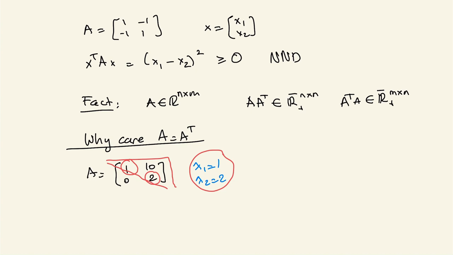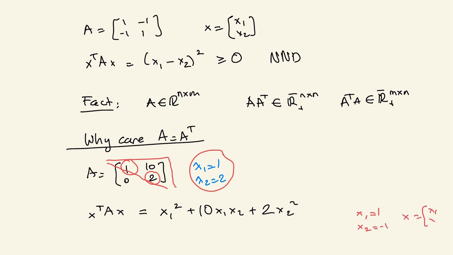All right, let's apply the equivalent notation. X transpose AX for some x1, x2. If you do this multiplication, you are going to get x1 to the power of 2, 10 x1 x2, and 2 x2 to the power of 2. Now, let's give some examples. Let's say x1 is 1, x2 is minus 1, and here x is x1, x2.